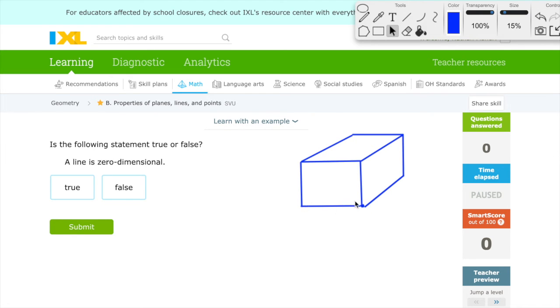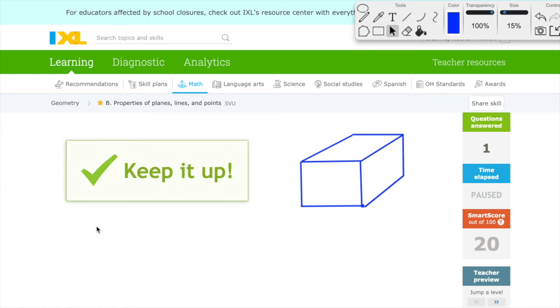When we do both of those, across and up, that's 2D. And then when we start going back into the screen and make a 3D shape like this, not a cube, but maybe a rectangular prism, something like that, that's when it's 3D. And we said this is a line, not a point. So that's how we know this one's false.